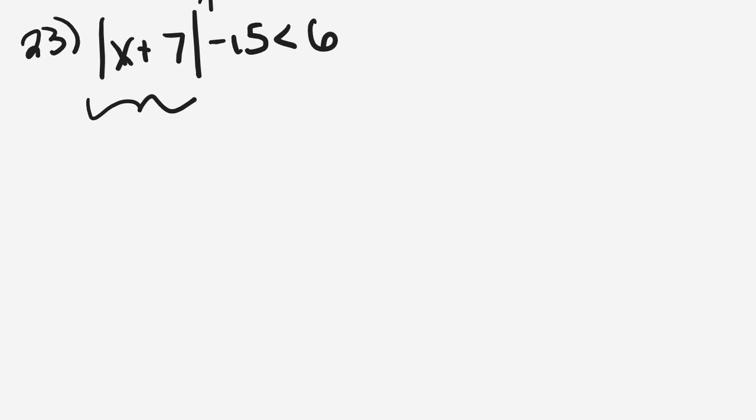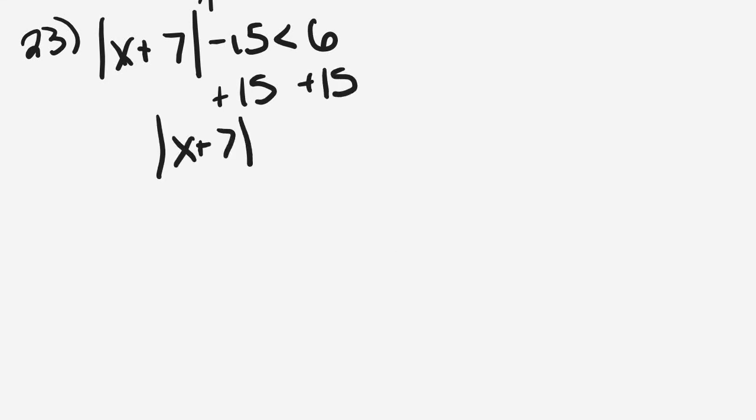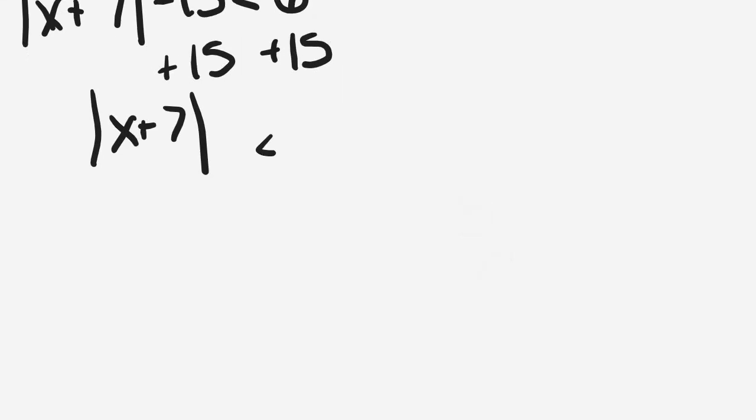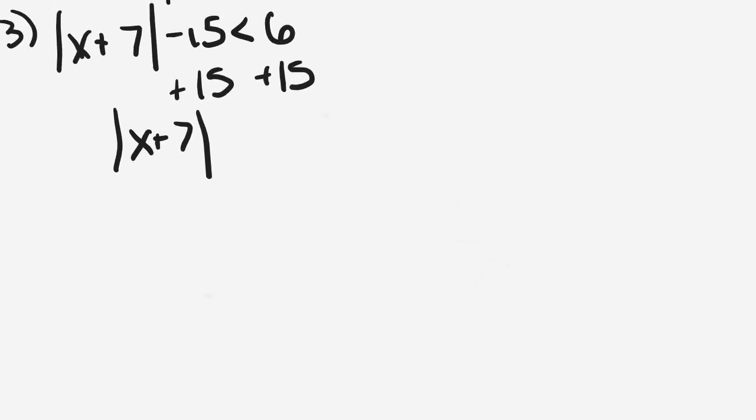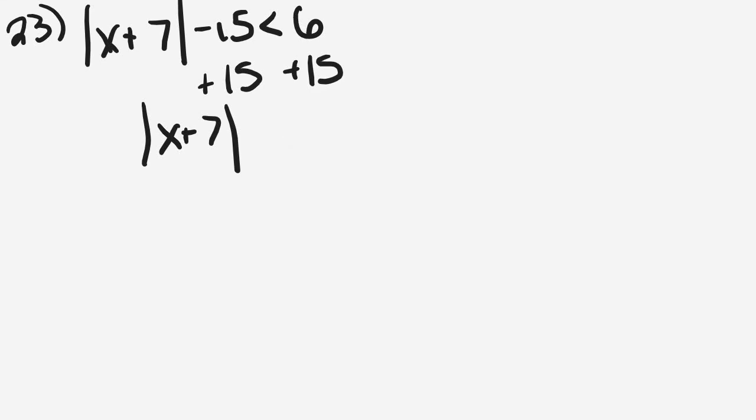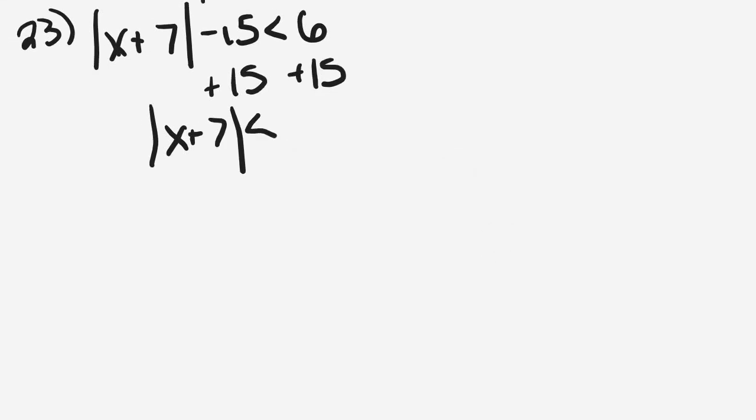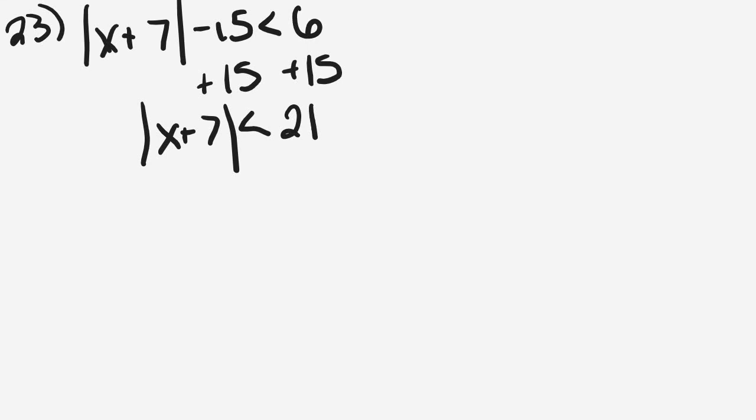So we got to get rid of that 15 that's hanging out right here. So we do plus 15 and plus 15. X plus 7. Whoops. And then 6 plus 15 is going to be 21.